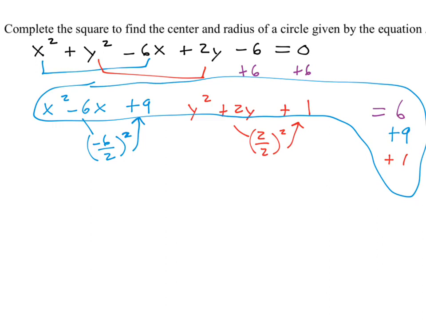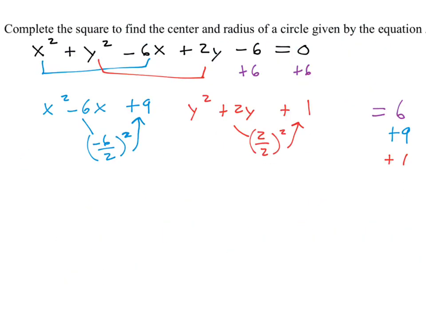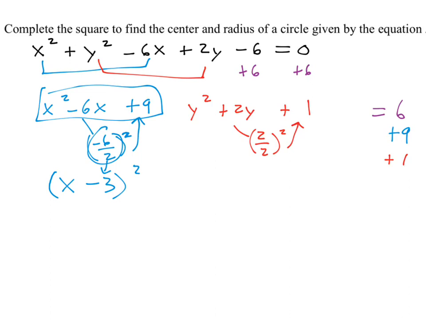Each part you can write out, since you complete a square as a binomial squared. We can actually go straight into these things here. Because this part turns into (x minus 3) squared. And this number is half of b, it goes there. And then the y portion is going to be (y plus 1) squared.